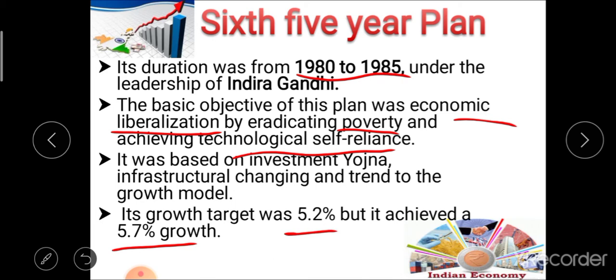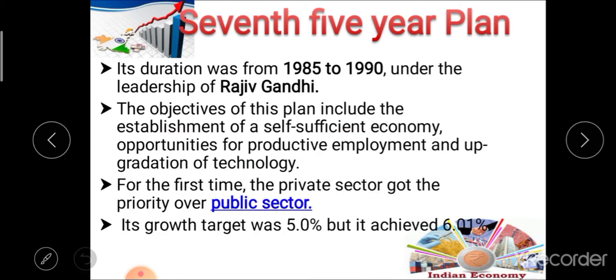After the sixth 5-year plan, the next one is the seventh 5-year plan. The duration of the seventh 5-year plan was 1985 to 1990 under the leadership of Rajiv Gandhi, and the objectives of this plan included establishment of a self-sufficient economy, opportunity for productive employment and upgradation of technology.